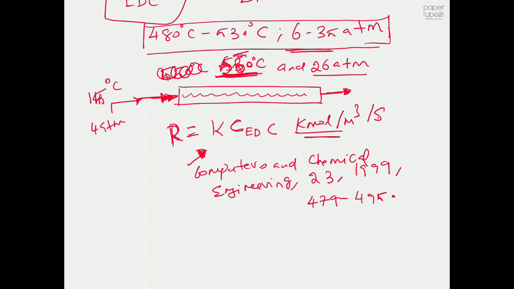In this case, the rate of the reaction follows first order kinetics, and the rate expression is given by k multiplied by the concentration of ethylene dichloride, where k is the kinetic constant.